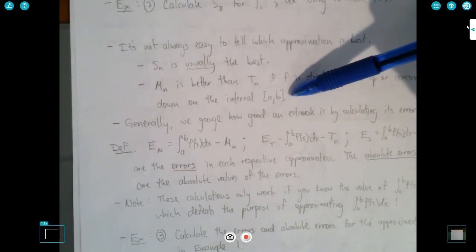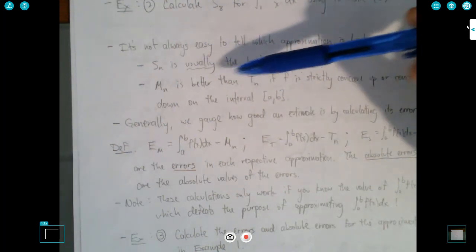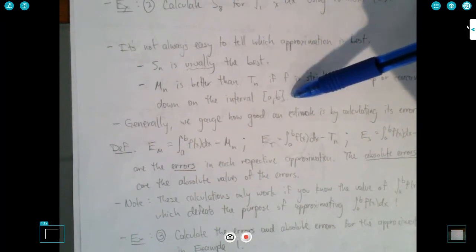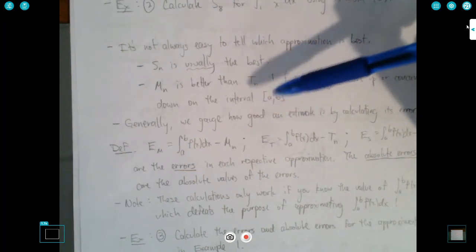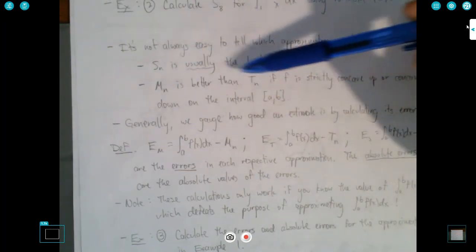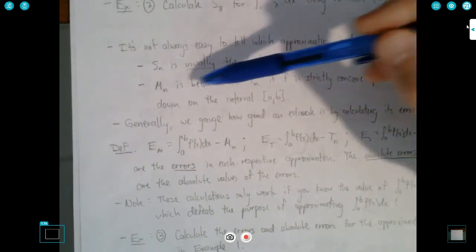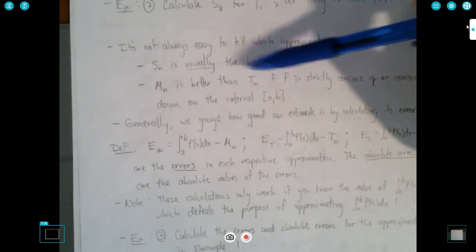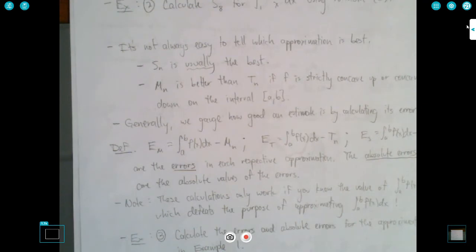However, if the function f changes concavity over this interval, then your guess is as good as mine as far as which of these approximations is going to be better than the other.